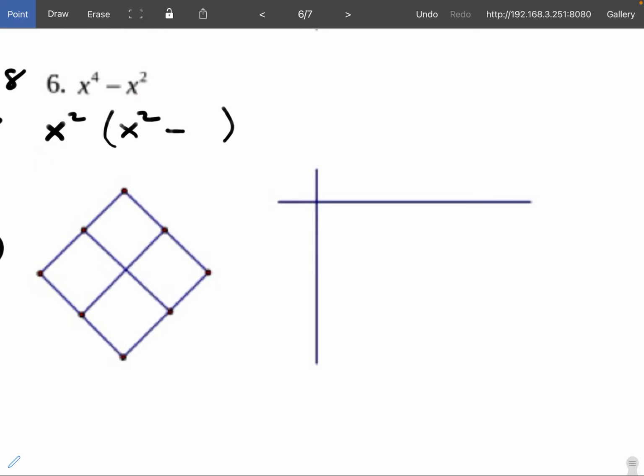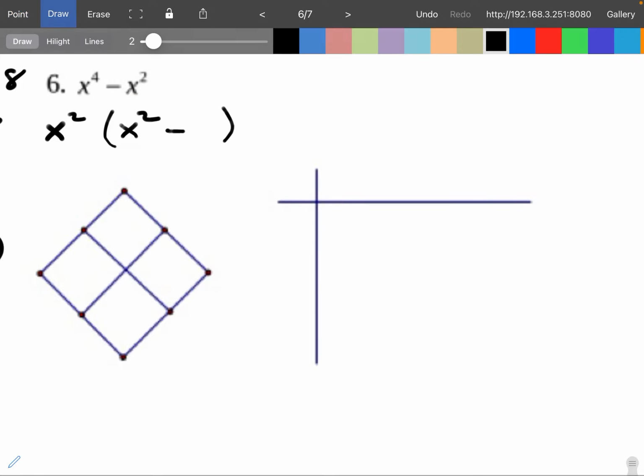And then minus, watch this part so you get this part correct. X squared times what would give you x squared? Say it again. X squared times what would give you x squared? Negative 1. Yeah, just -1 or just 1, right?